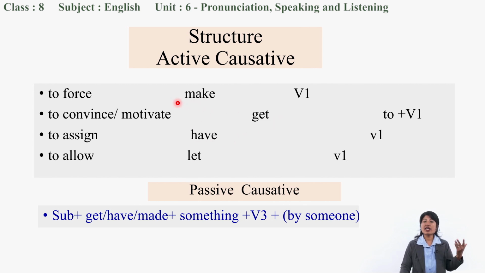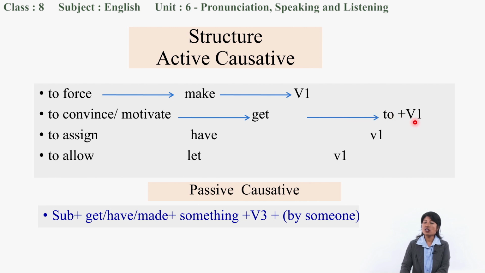So when do we use make? Yes, when we ask to force someone, right? At that time, we use make. Then when we need to convince or motivate somebody, we use get, and at that time we need to add the first form of the verb.